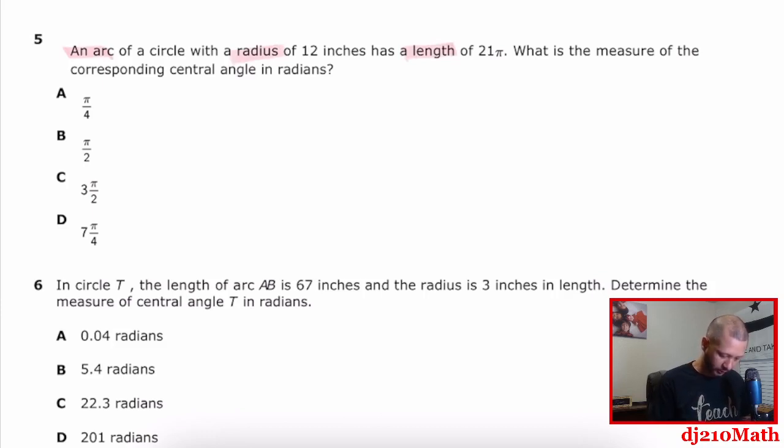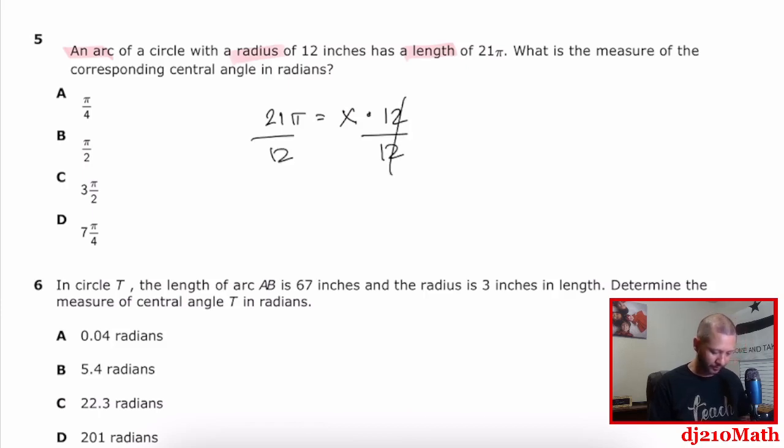So the arc length is 21 pi. The angle, unknown. Radius is 12. Divide both sides by 12. So 21 over 12. Both those are divisible by 3. So 7 pi over 4 matches D.